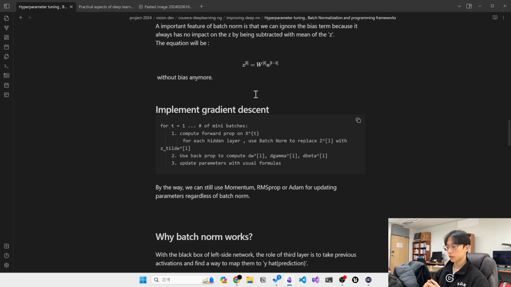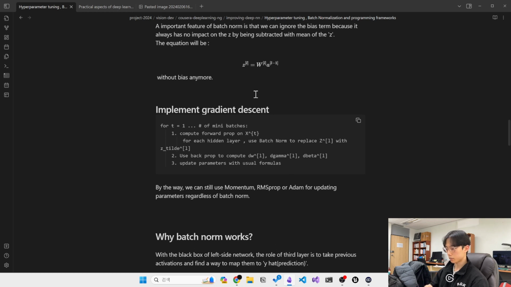To implement gradient descent with mini batches, let's assume that we have a number of mini batches equal to m. We iterate over mini batches 1 to m and compute forward propagation on the current mini batch t. For each hidden layer in the mini batch, we use batch normalization to replace z^[l] with z tilde^[l].